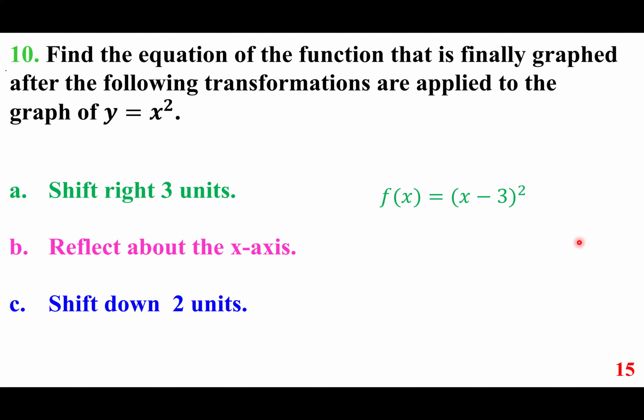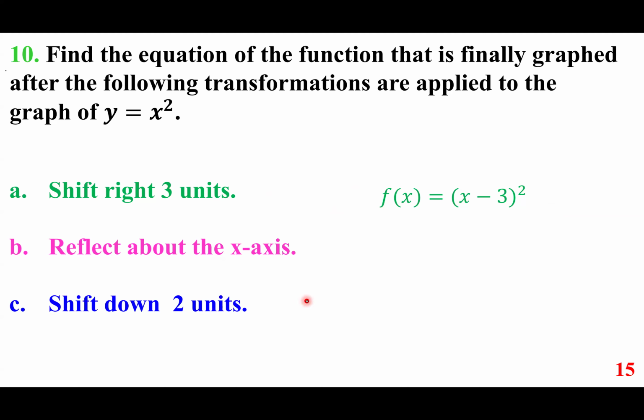Reflected about the x-axis. So that means you put a negative sign in front of the function. You want to negate the y, so you negate that. Now, of course, we are working on this one. When they say following transformation, that's the first transformation. The second one is working on this one, not the original one.